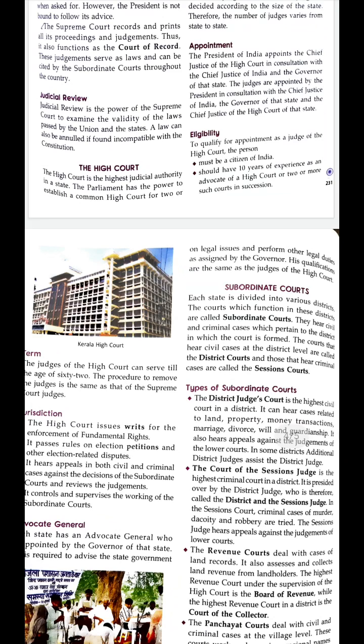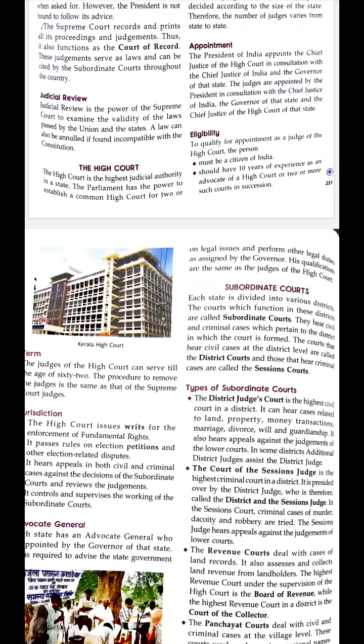A judge of the High Court can serve till the age of 62, and the procedure to remove the judge is the same as that of a Supreme Court judge. Clear? Here, a Supreme Court judge serves till 65 years and a High Court judge serves till 62 years. And to remove a judge of the High Court or the Supreme Court, the procedure is the same, and that process is called impeachment.